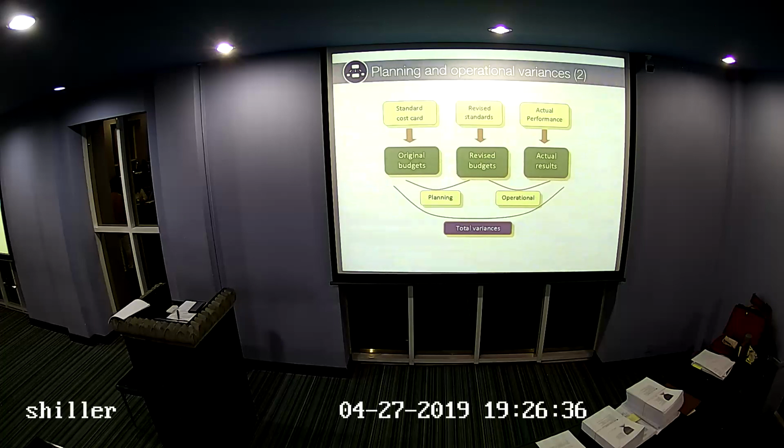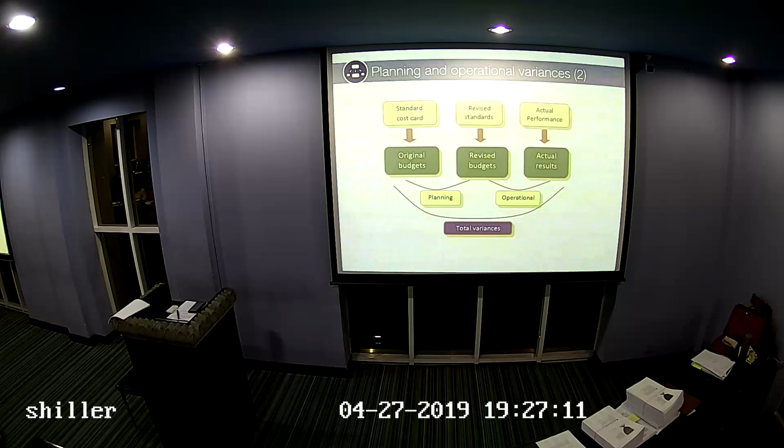So the difference between your original budget and your revised budget is called your planning variance. Now, the difference between your revised budget and your actual result is called your operational variance. Again, therefore, operational variance is comparing actual with revised. Not with original anymore, the revised.